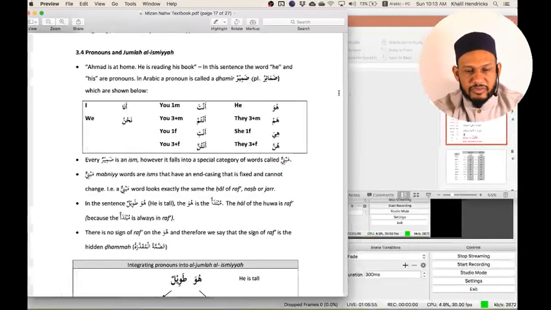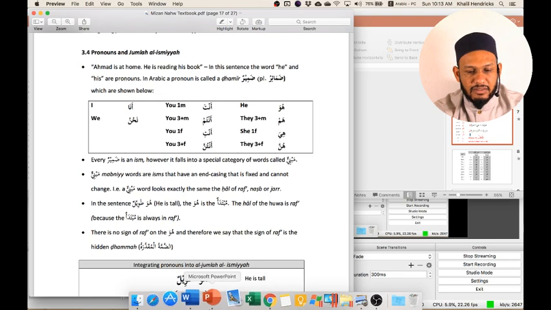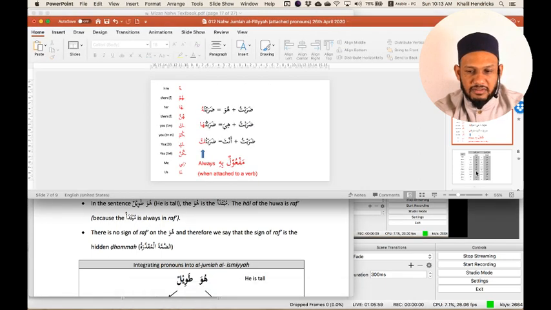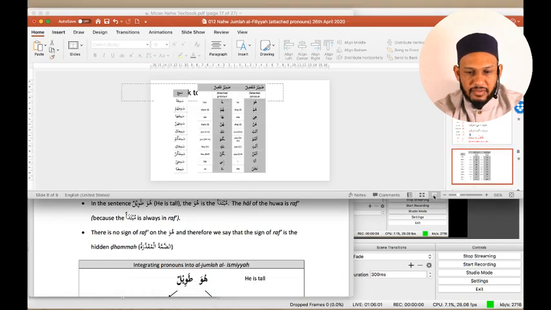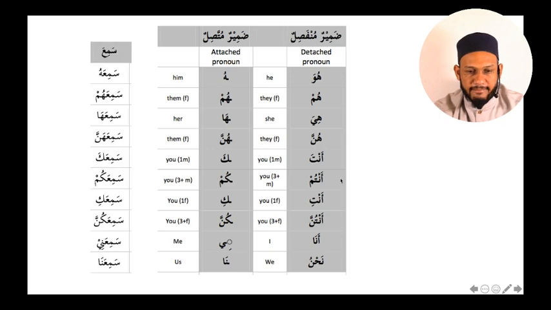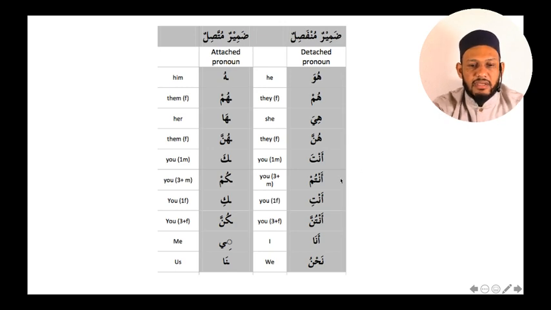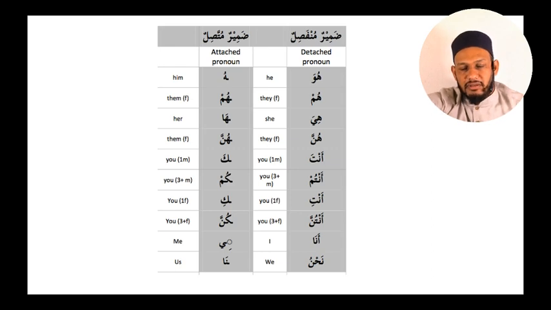Okay. Let me show you some examples to make it much clearer for you to understand, inshallah. Say I have the word sami'a. Sami'a means he heard. How would I say he heard him?